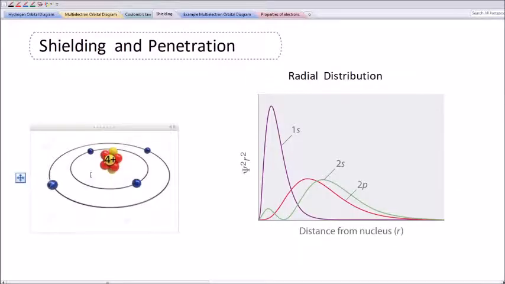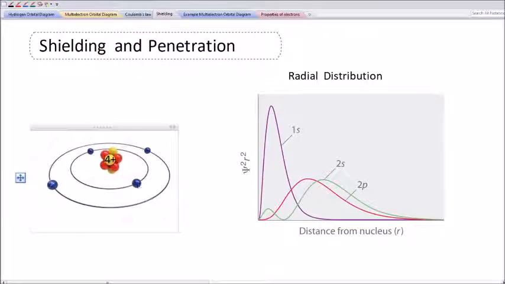Here we have an atom where we have the protons and neutrons in the middle, and we have the electrons on the side. And yes, this is a Bohr model, but to simplify what I'm trying to talk about, we're just looking at the Bohr model, in that the electrons that are closer to the nucleus will be attracted to the nucleus because you have your positively charged nucleus and your negatively charged electrons.